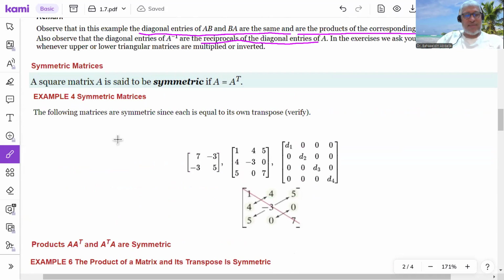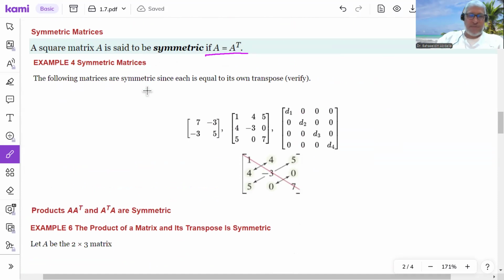We call a matrix, a square matrix, so all matrices in this section are square, symmetric if A equals AT. AT, the transpose of A, changing the rows into columns. So if you find the transpose of A and it's equal to A, we call A a symmetric matrix.